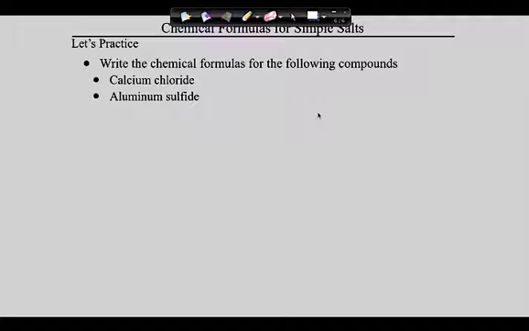So guys, aluminum is element number 13. We are going to start by writing down Al for aluminum. Then guys, sulfide is sulfur. Remember, drop the ending and add IDE. Sulfur, element number 16, is an S. Now again, we need to know the charges.